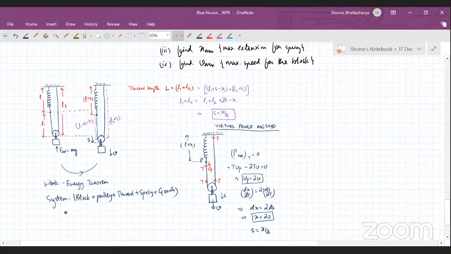In that case, we can see work done by external is also 0, and there's no non-conservative force. So mechanical energy is conserved. Change in mechanical energy should be 0.